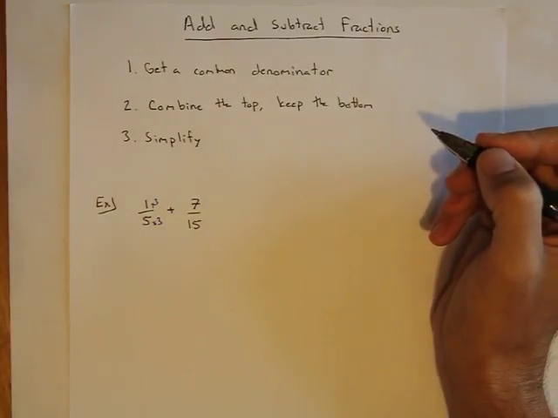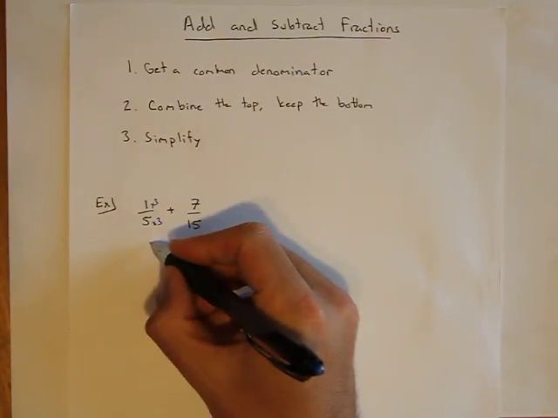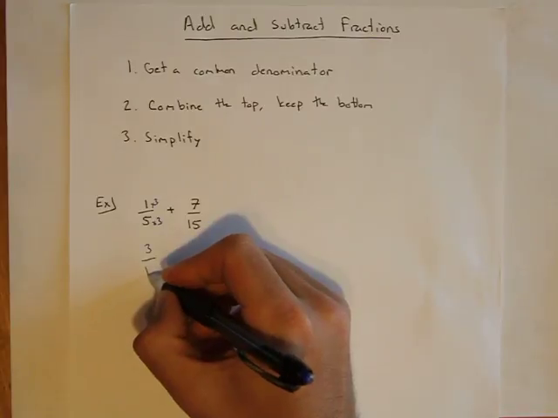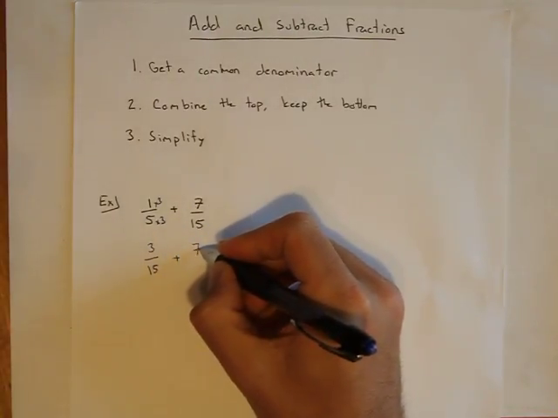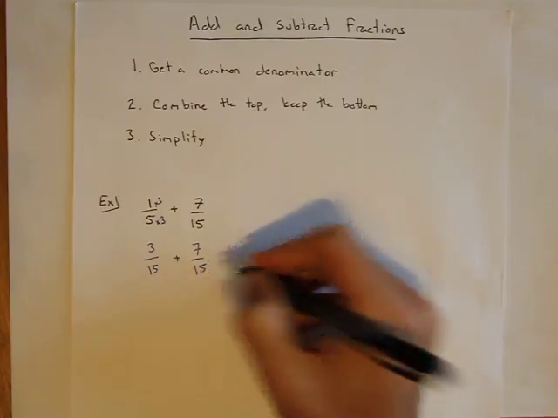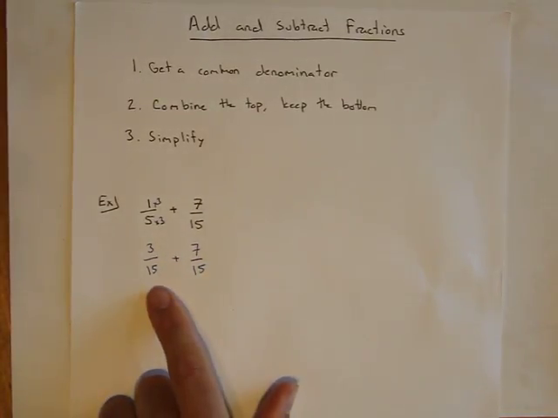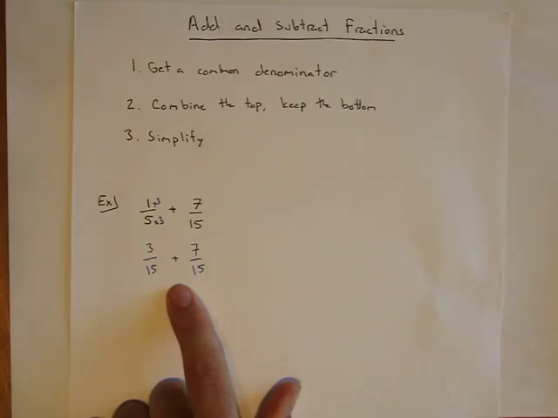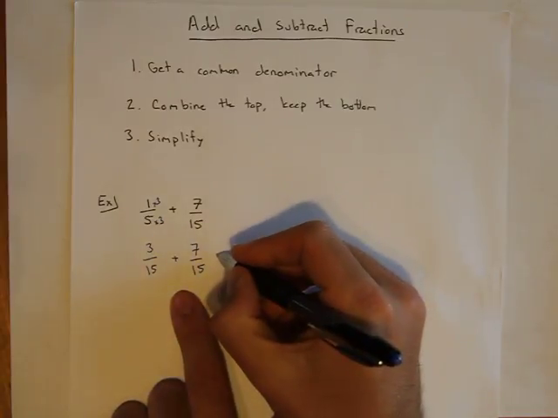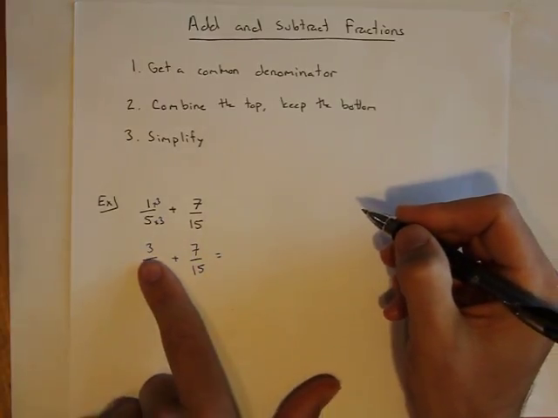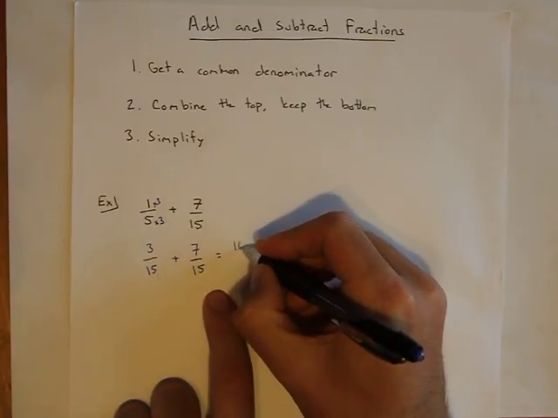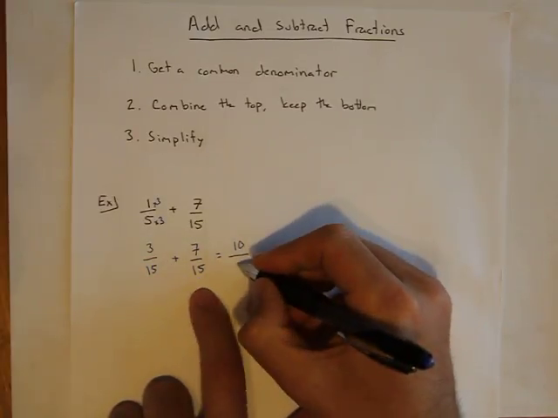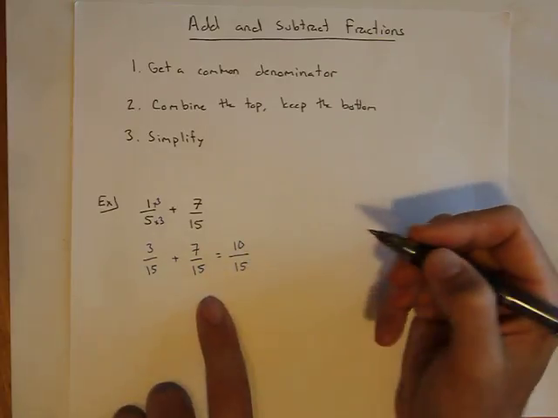So when I multiply the top and bottom by 3, I'm going to end up with 3/15 plus the other fraction just comes straight down. Now when I look at these two fractions, I have the same number for the denominator, 15, which means I can add straight across. The top, 3 plus 7 gives me 10, and the bottom stays the same and I get 15.